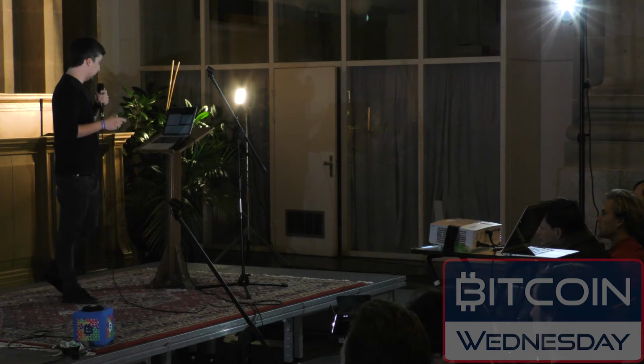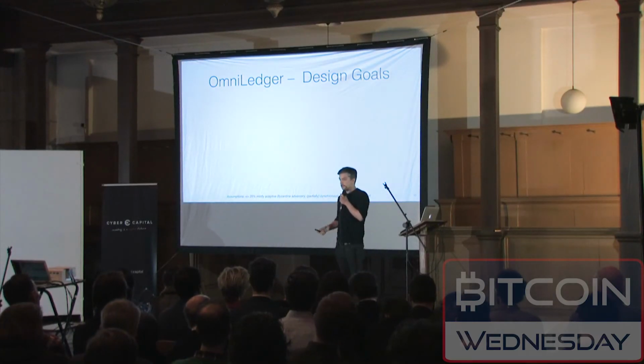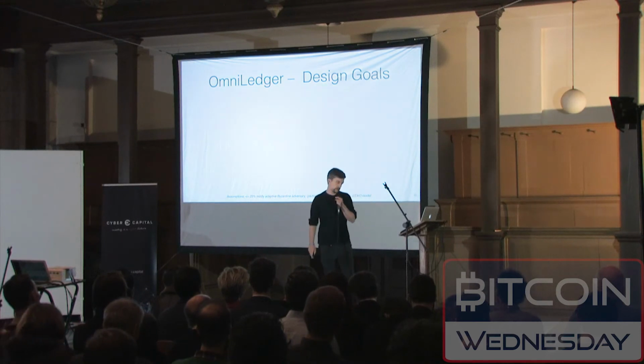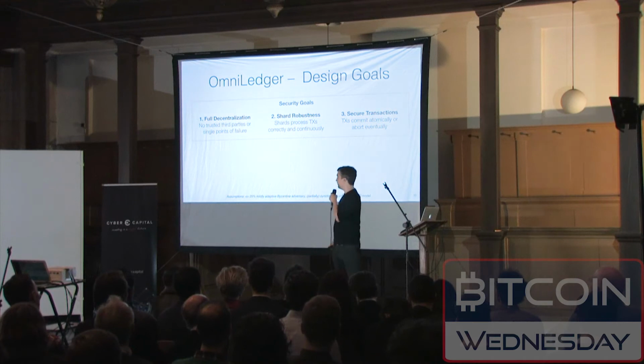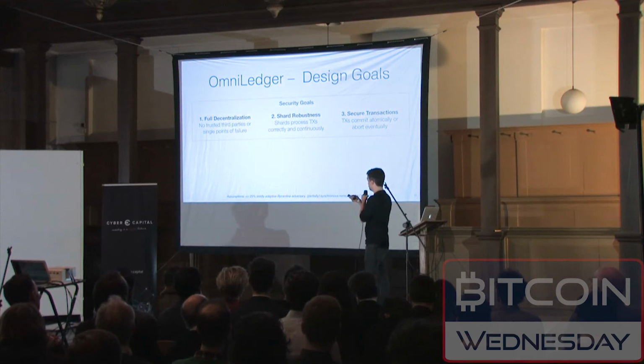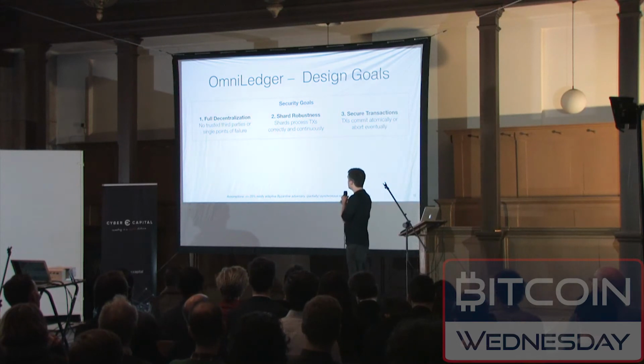All right. So in OmniLedger, when we started working on that, we set ourselves several design goals. The first three are security goals. First of all, as I mentioned, we wanted to achieve full decentralization. This means no trusted third parties or single points of failure. The second goal is shard robustness.